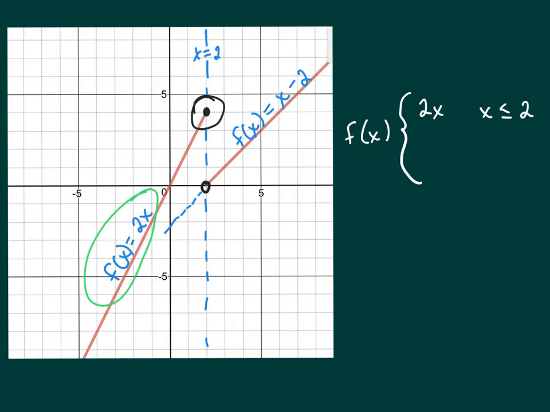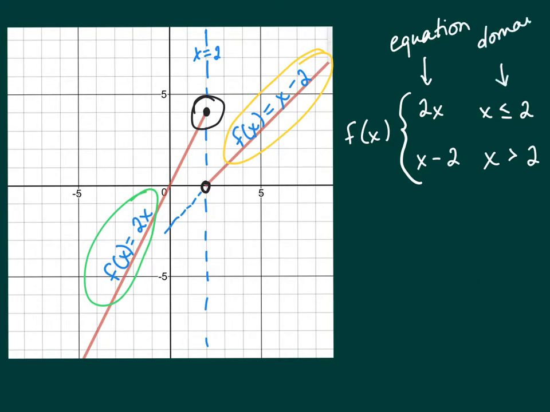And then for the second part, that is my x minus 2, that's my equation, and that's for the domain x is greater than 2. So what I have here is the equation, and then this is called the domain restriction. So that is a piecewise function.